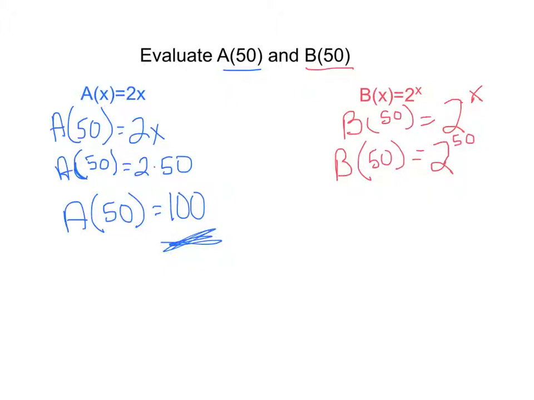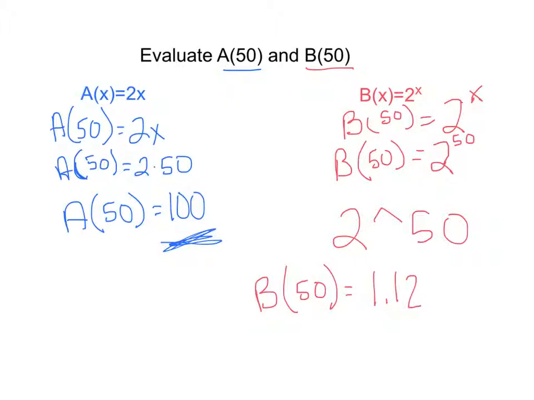Remember, when you plug this into your calculator, you're going to type in 2, the caret symbol, and then 50. When you do that, you get an odd number. You get that b of 50 equals 1.12E15. This is the same thing as scientific notation, 1.12 times 10 to the 15th.